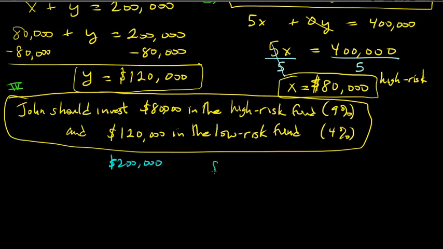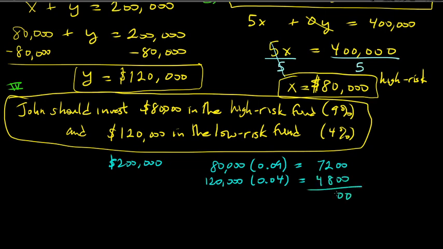So if we take 80,000 times 0.09, I'm thinking it's 7,200. I need to check on my calculator. Yep, 7,200. And then 120,000 times 4% is 4,800.